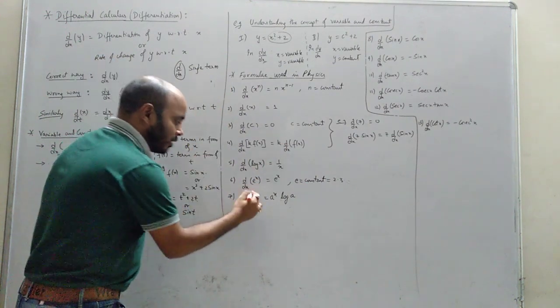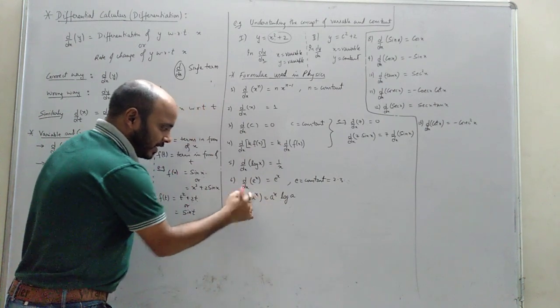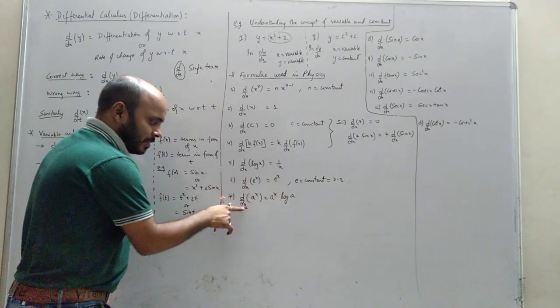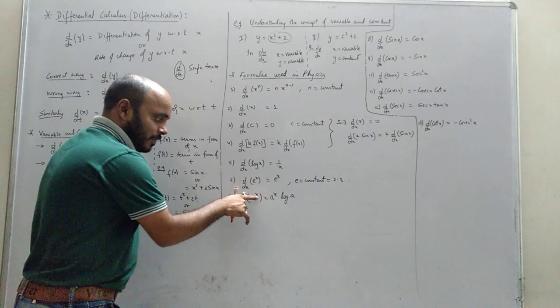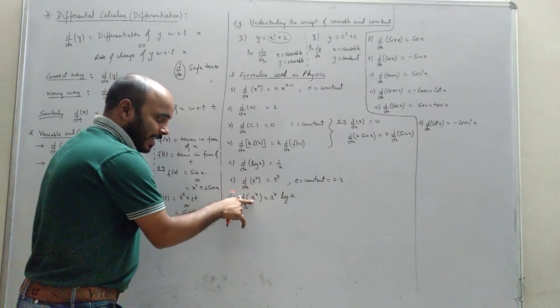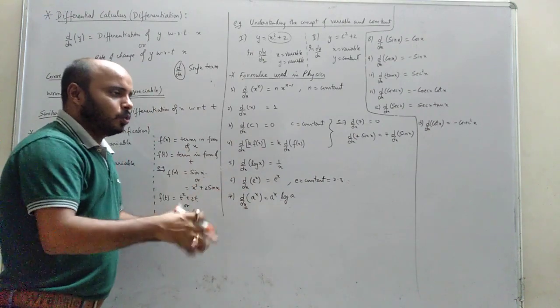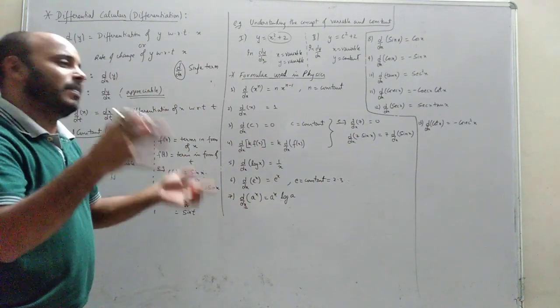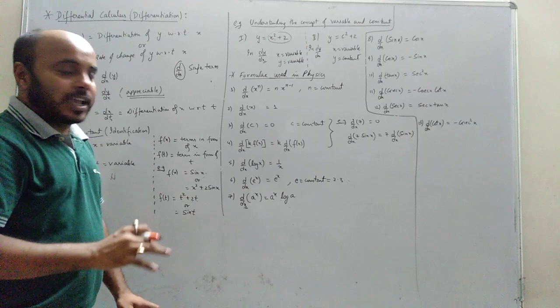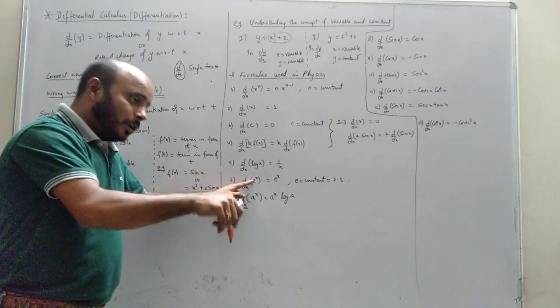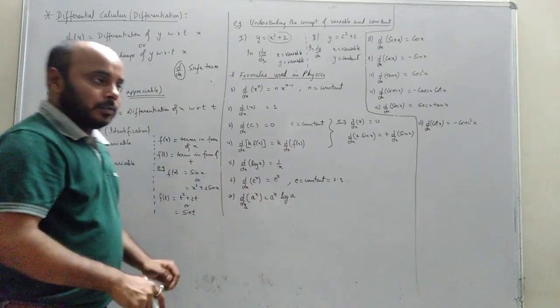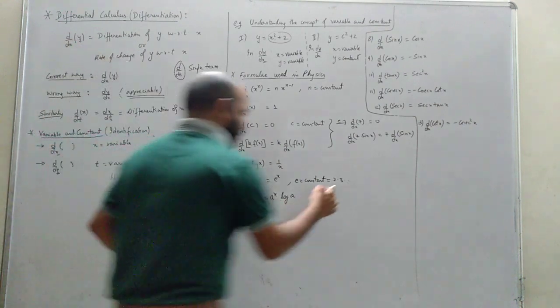Here also we have a to the power x, d/dx, that means x is variable, but a is a constant. Now here a can be any constant, 2, 3, 4, 5, 6, 7, 8, 9, anything. But here e will be e only because e is a fixed value. You got the idea?